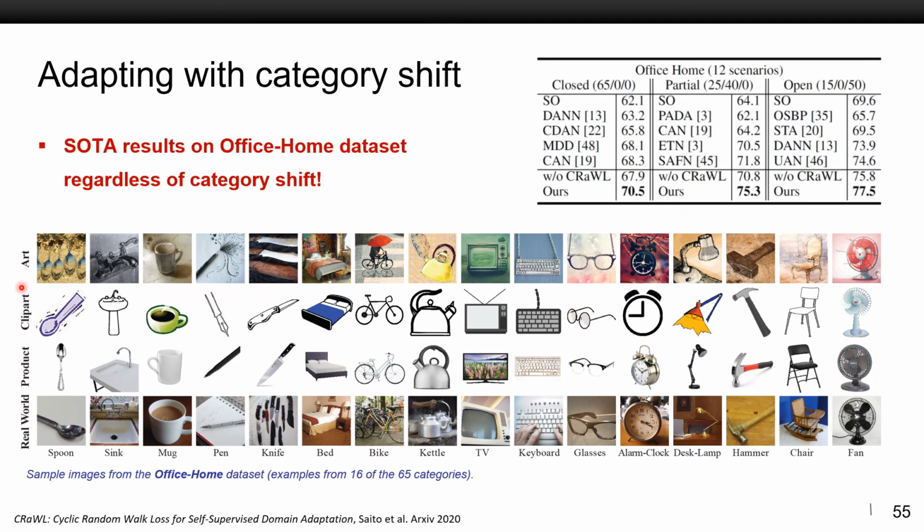And again, we observe here that our method is able to obtain state-of-the-art results on this data set compared to baselines designed for specific settings, for example, designed specifically for closed no shift or for a partial or open set shift setting. Except that in our case, we don't know which kind of shift we'll encounter, if any, and yet we still are able to achieve state-of-the-art accuracy on this data set.